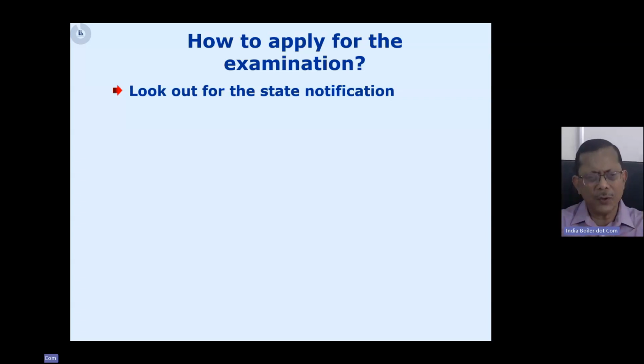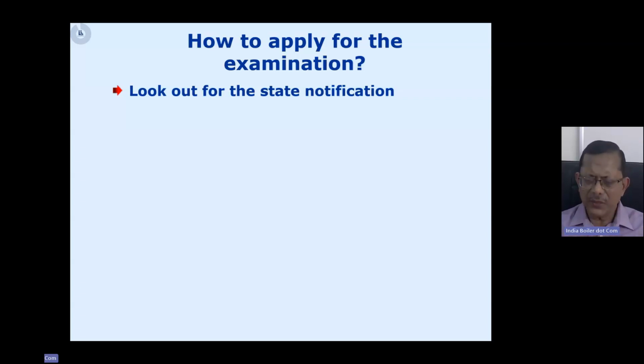In our case, whoever is taking the training from us through this online course, we definitely get this information beforehand. So we let them know whenever the state notification is coming. So you have to look out for this notification.